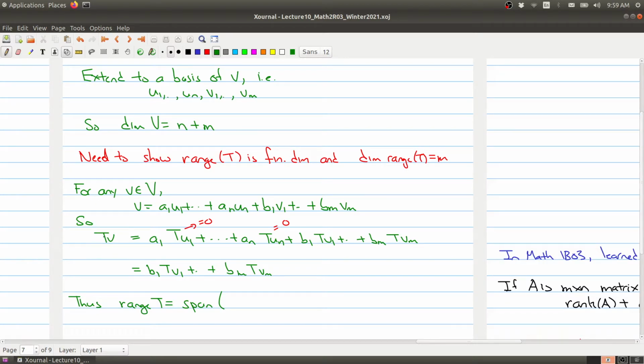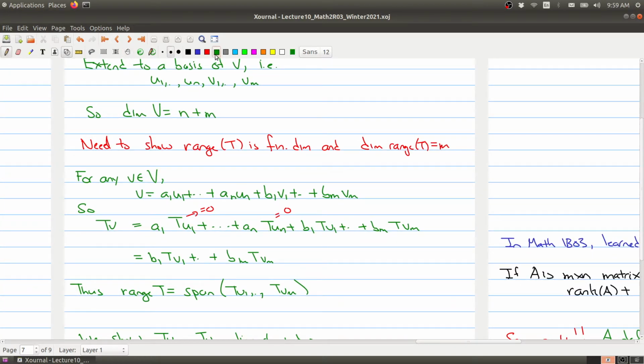So Tv is in the range, and it has to be some linear combination of these particular elements, Tv1 up to Tvm. So the range of T is going to be the span of these particular vectors. And now this gives us part of what we needed to do, right? This implies the range of T is finite dimensional.